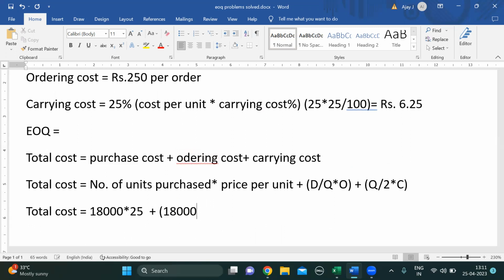Demand is 18,000, quantity is your EOQ quantity, which is 1200, into ordering cost per order, which is 250 rupees per order. Plus carrying cost: 1200 divided by 2 into carrying cost per unit, 6.25 rupees.